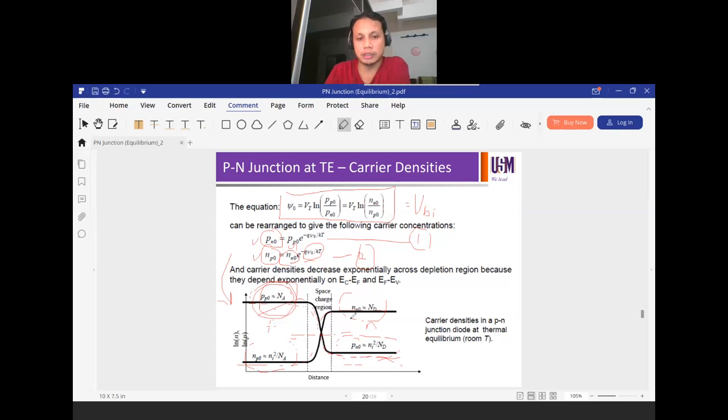And electron is the majority carrier on the right hand side, right? So the moment you join them together, holes on the left will diffuse to the right, into the N-type. Holes originating from the P-type, the majority carrier, will diffuse into the N-type material. So hole will diffuse from left to right.